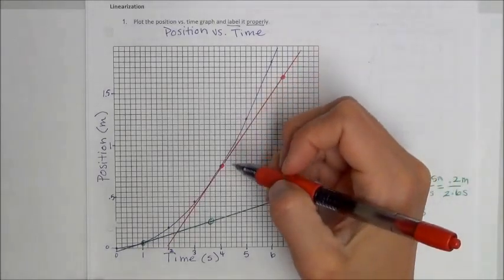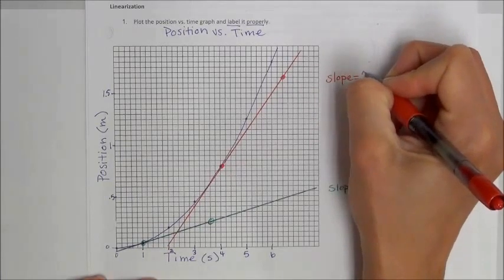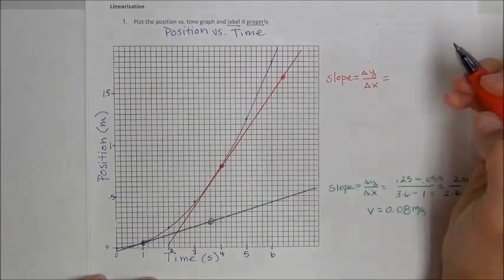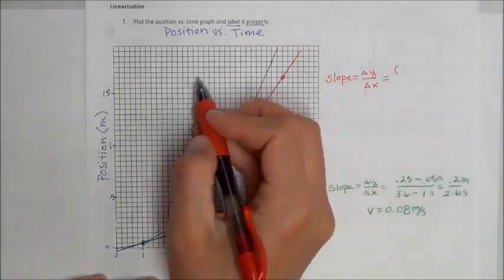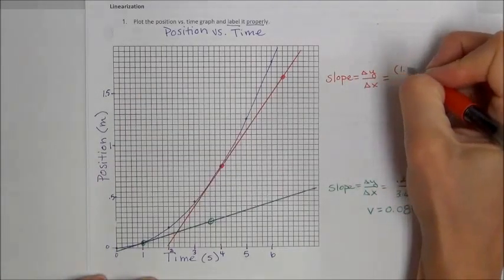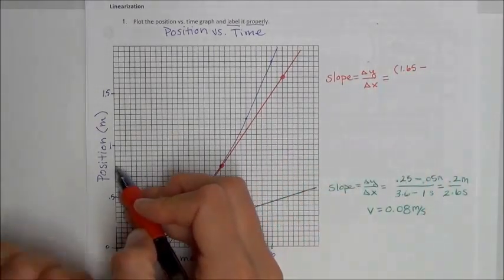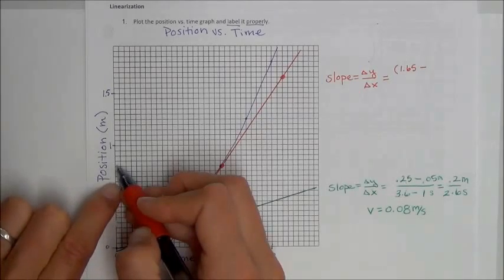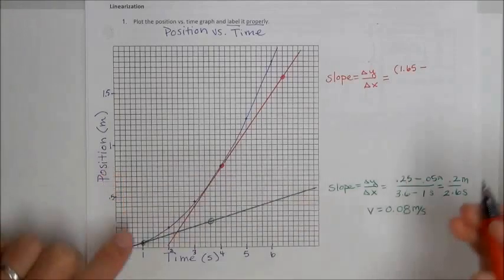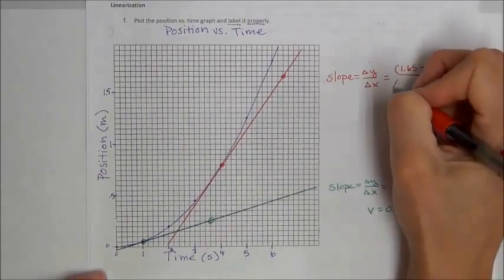And I can do my slope is equal to change in y over change in x. So my change in y, I get 1.65 minus 0.8 over change in x.